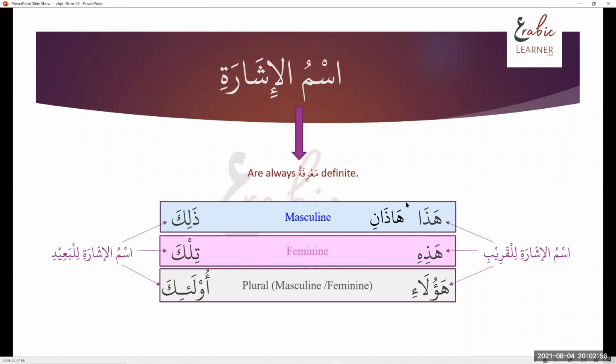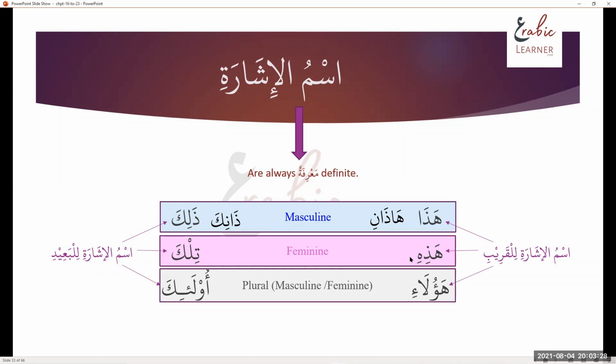Now, Hadani is for Muzakkar Muthanna, dual. And Zanika for Ba'id, Muzakkar, for dual. Hadani and Zanika.